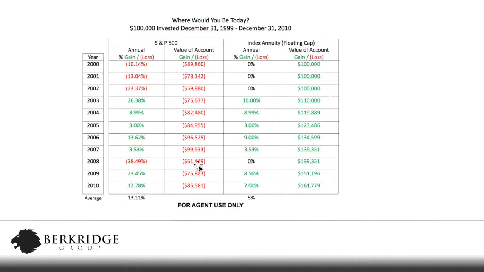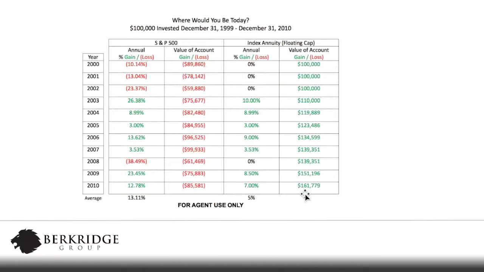This is what would happen if we were investing directly into the market as opposed to investing directly into an annuity, for example. With a 10% cap and a 0% floor, we are ahead $80,000 within the index annuity example.